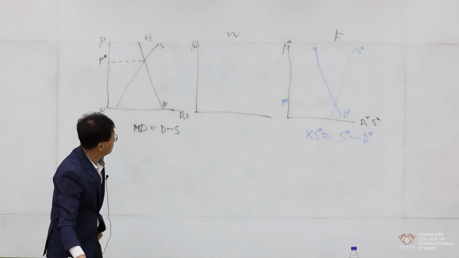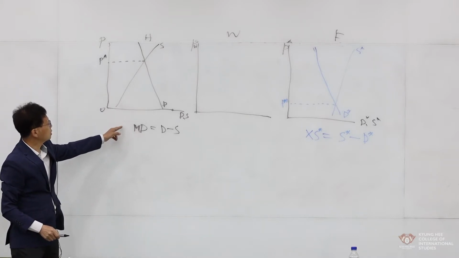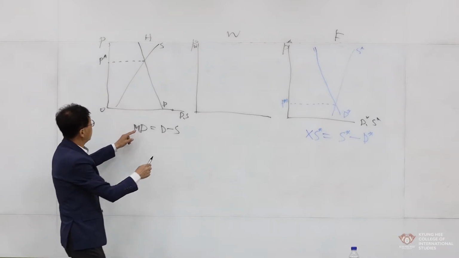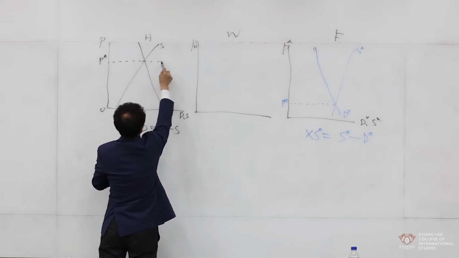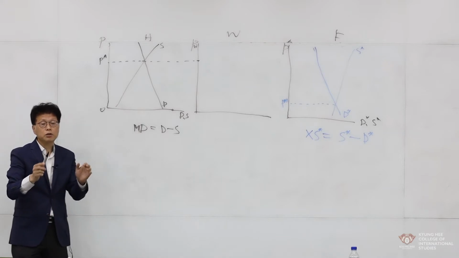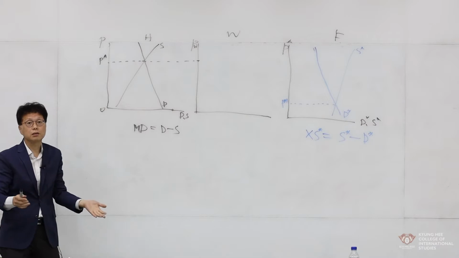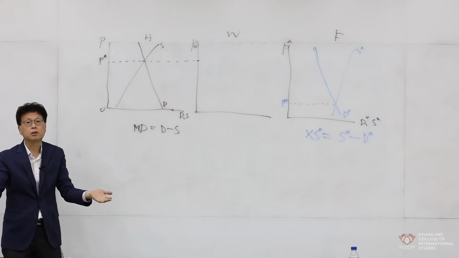So we can graph import demand here. Simply talking, the import demand curve starts from here, P A. If after trade the price is equal to the autarky domestic price, then no import happens. No reason to import, right?